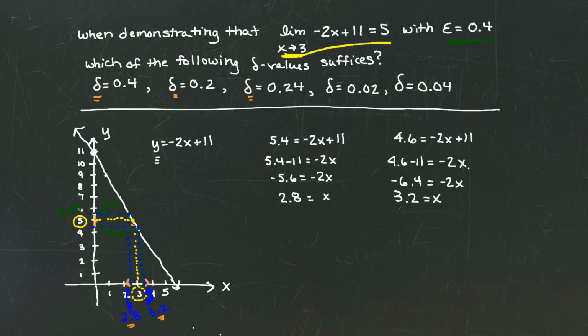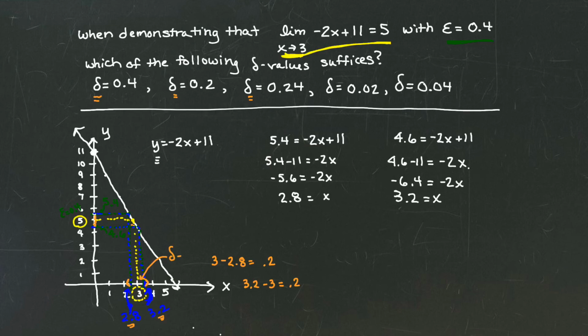The distance between 3 and 2.8 is 0.2, and the distance between 3.2 and 3 is also 0.2.